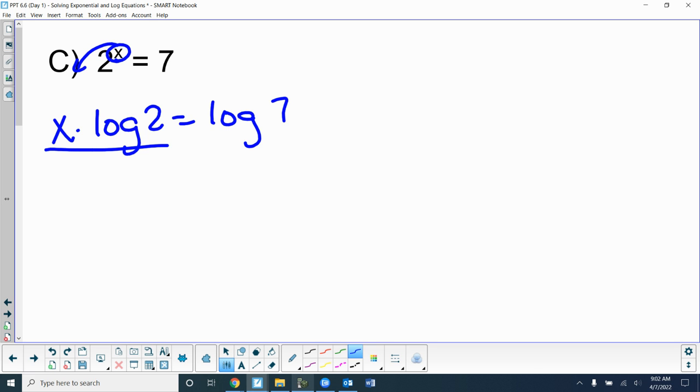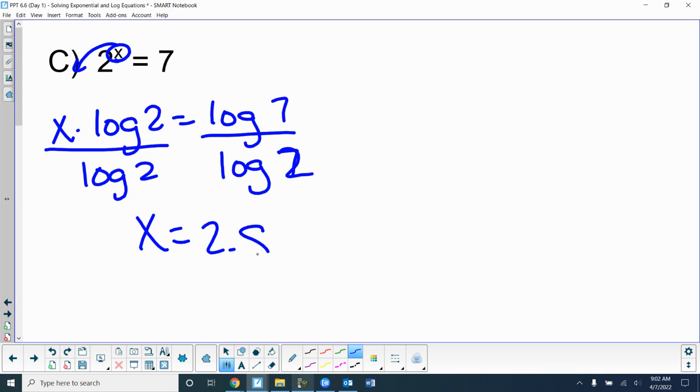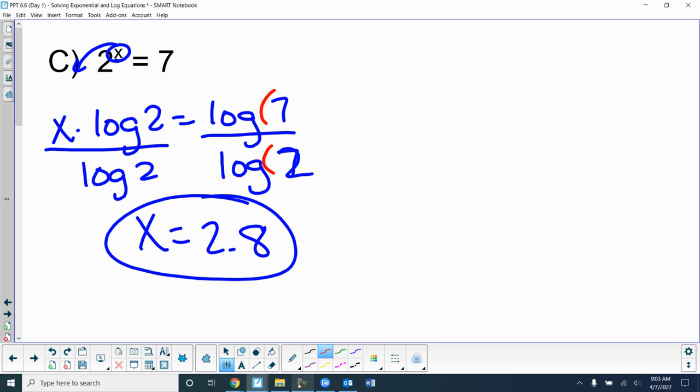Just divide by log of 2, right? And whatever the answer to that is the answer to the problem, right? 2.8? Yeah. Thanks, Dave. Now remember, when you put logs in, it always gives you that left parenthesis. Always close them, right? Make sure you close them.